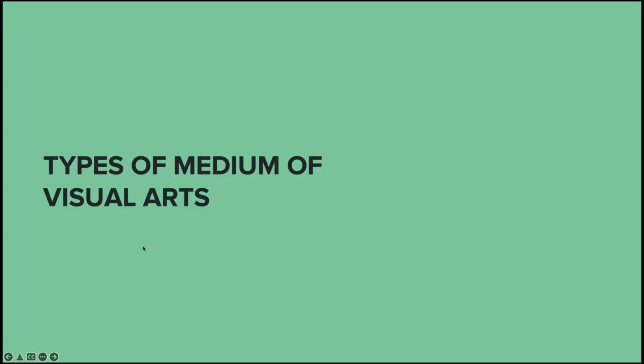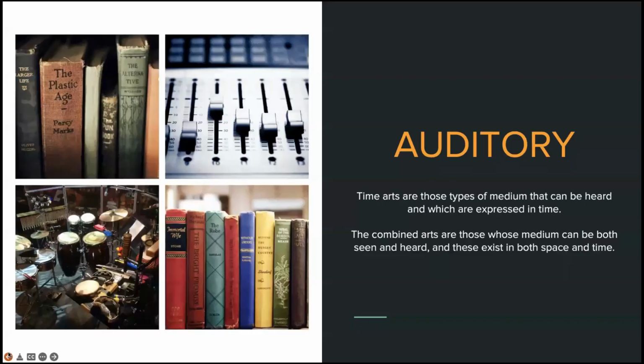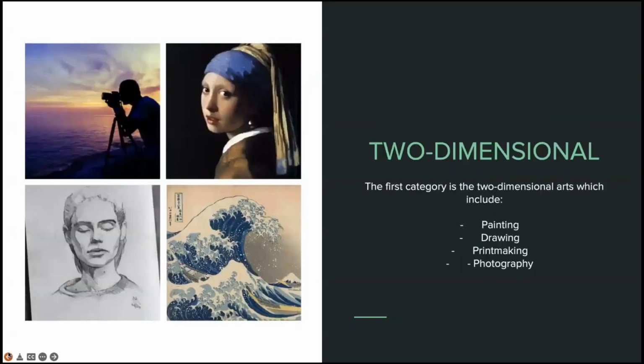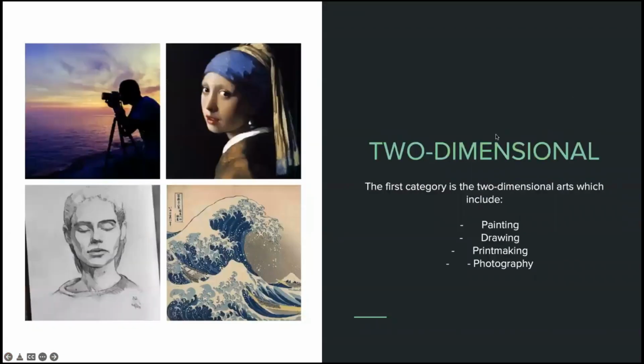So what are the examples of the mediums, or the types of visual arts, when it comes to the medium? Just to recall, when we talk of visual arts, we can classify that into two. We have the two-dimensional, and examples are this: printmaking, painting and drawing.